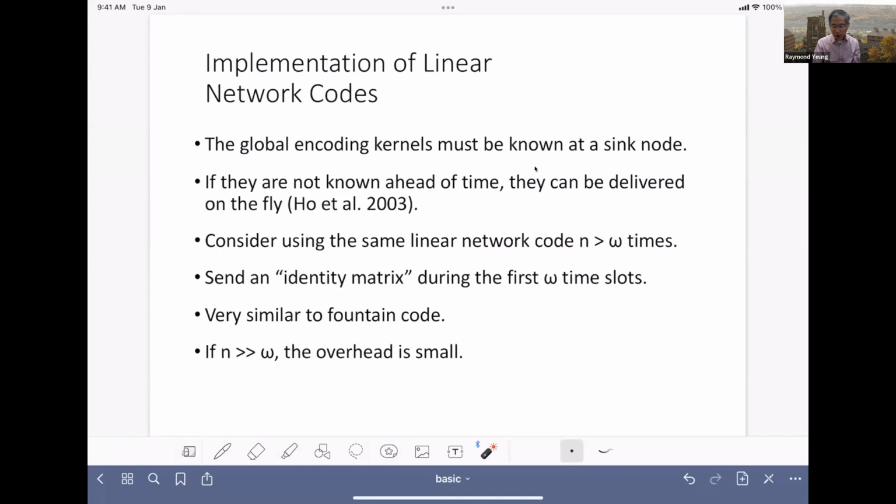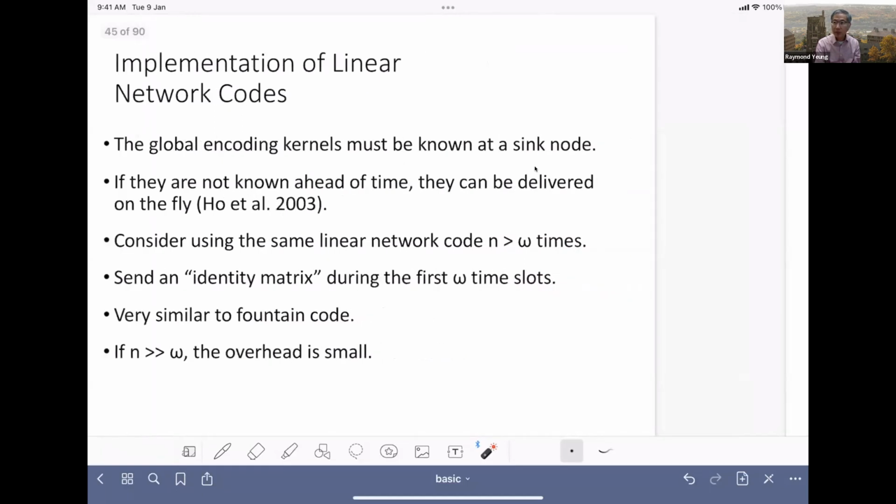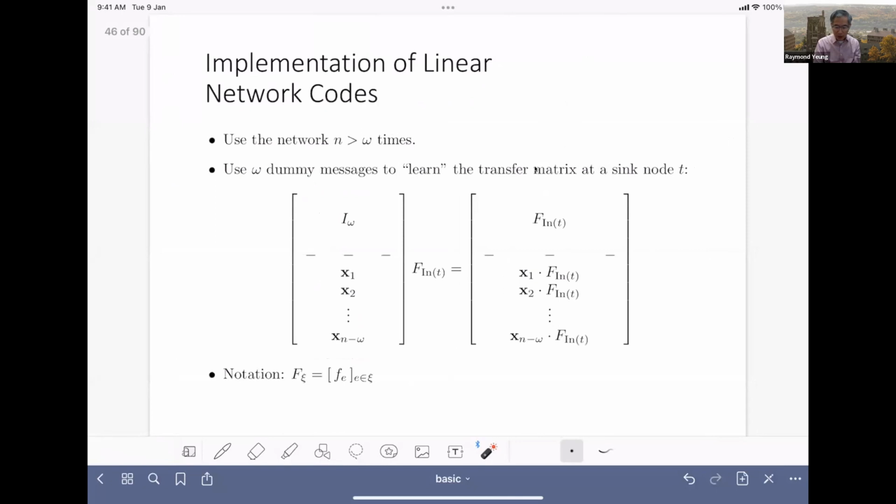We use the first omega time slots to send a dummy message. I'm going to explain this in an example. So we use the network n times, where n is greater than omega. We use omega of these to send a dummy message, and the real messages that we send are x1, x2 up to x_{n minus omega}.